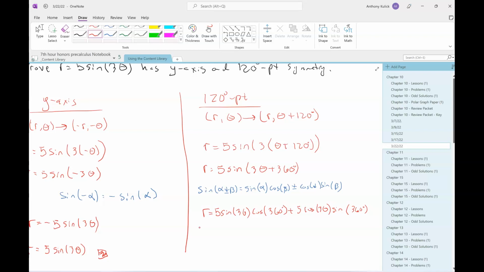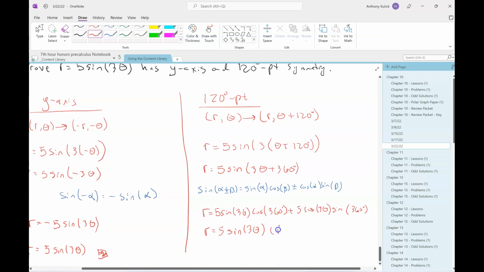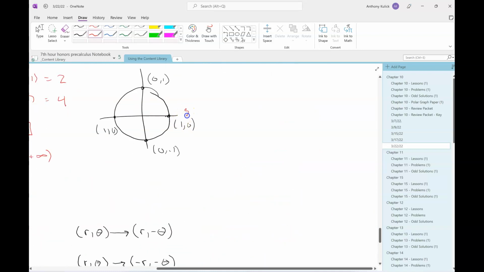What should I do next? I see it. Cosine 360, sine 360. Those are just numbers, man. I can use my unit circle or my calculator to compute that. What's cosine 360 equal to? Dude, it's just 1. Right? If I go back and look at my unit circle, 360 is here. X coordinate is 1, right?